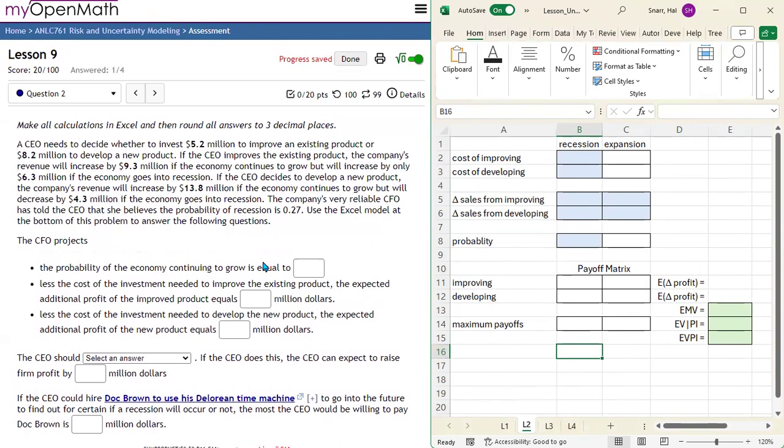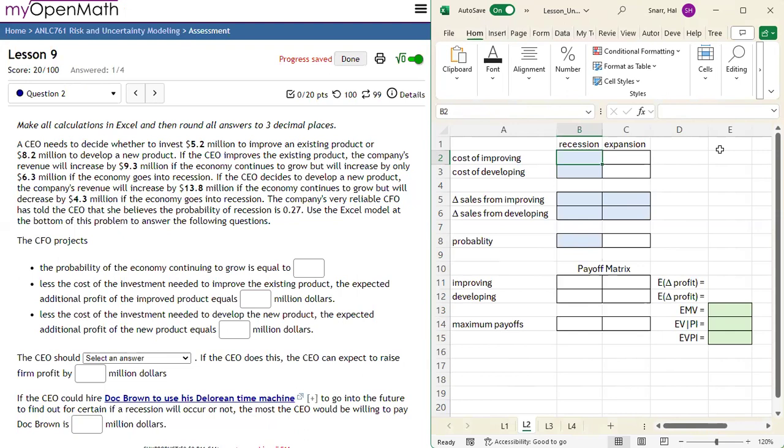A CEO needs to decide whether to invest $5.2 million to improve an existing product or $8.2 million to develop a new product. And there are two states of the economy, recession or expansion. Whether we go into recession or continue in an expansion is not going to change the cost of improving or the cost of developing this product, because we're going to spend the money now and then later we observe either continued expansion or sinking into recession.